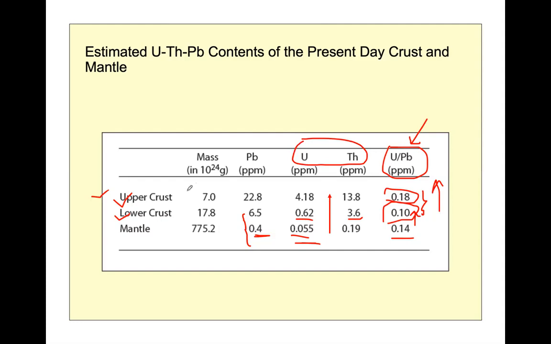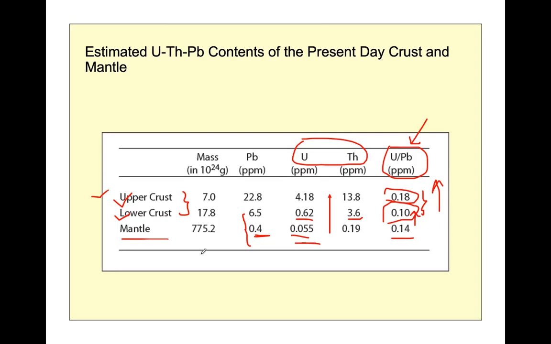And you can also compare upper crust and lower crust together, because the lower crust is mafic compared to the upper crust, right? Upper crust is heavily acidic, but lower crust is less acidic. It's mafic, but not as mafic as the mantle, right? So just think that the lower crust is intermediate to upper crust and mantle in composition. Therefore, you can expect this type of variation in these reservoirs.